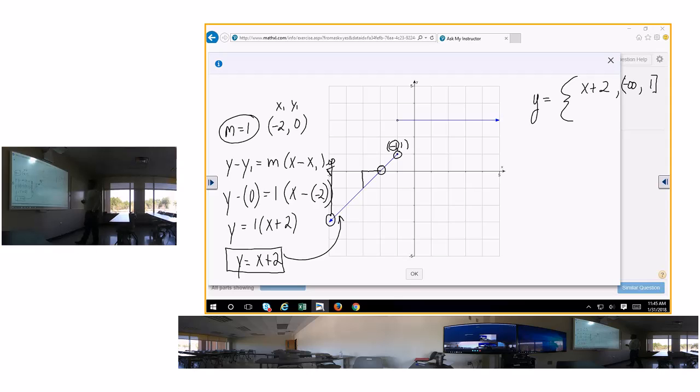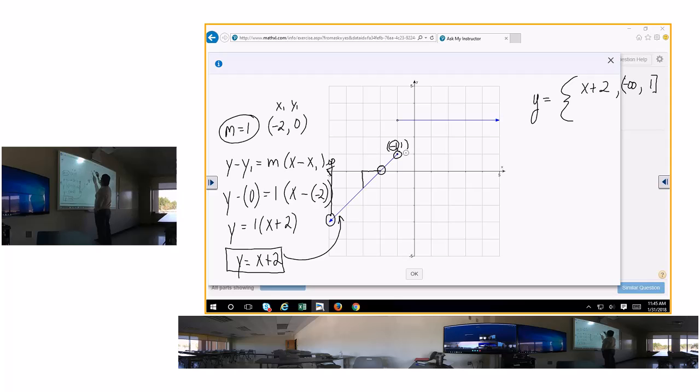and then this line, well, back in pre-algebra or algebra 1, you learned that if you have y is equal to a number, it's parallel to the x-axis. If x is equal to a number, it's parallel to the y-axis.